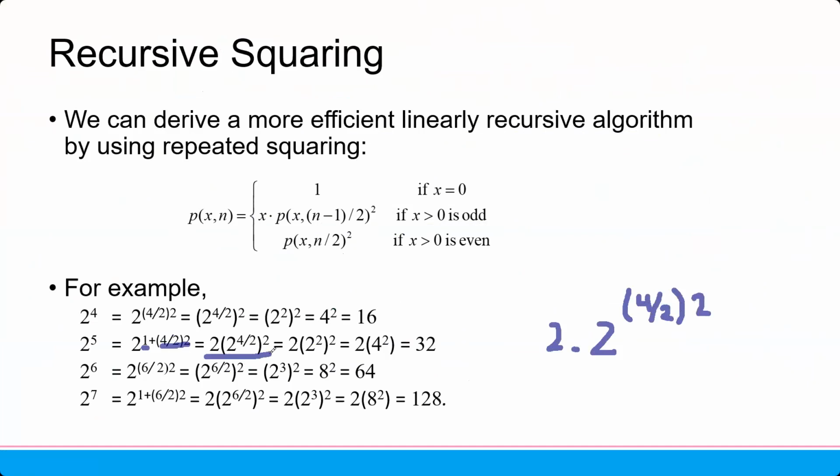So we can make this a recursion until we have only 2 multiplied by 4 to the power of 2. Using this formula, for every step n will be divided by 2, and divided by 2 again.